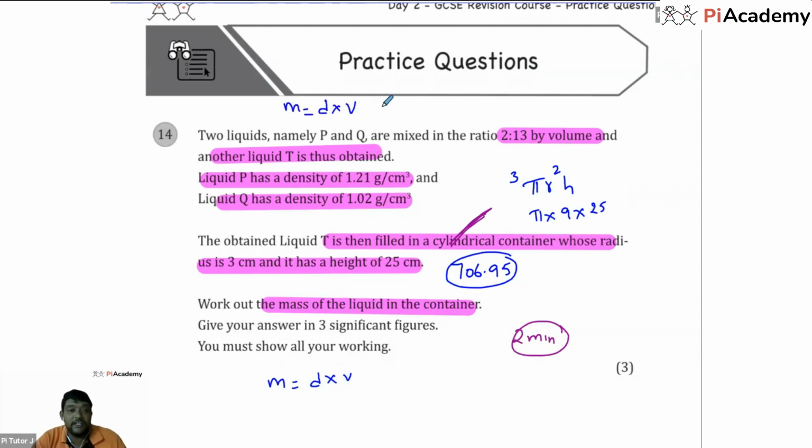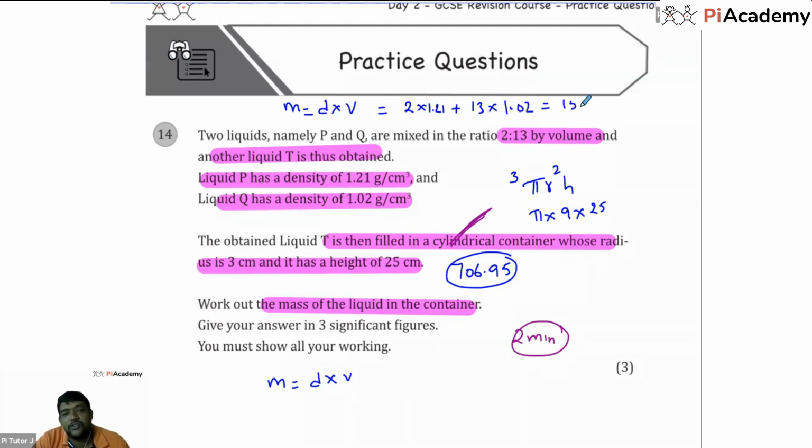Okay, good. So how much did you get? 2 times 1.21 plus 13 times 1.02, right? So what is that? 15.68. Okay. Good.